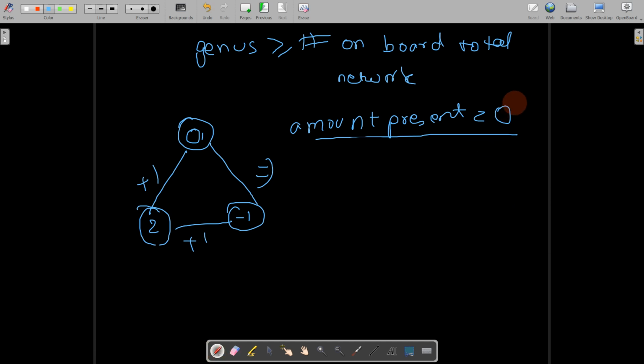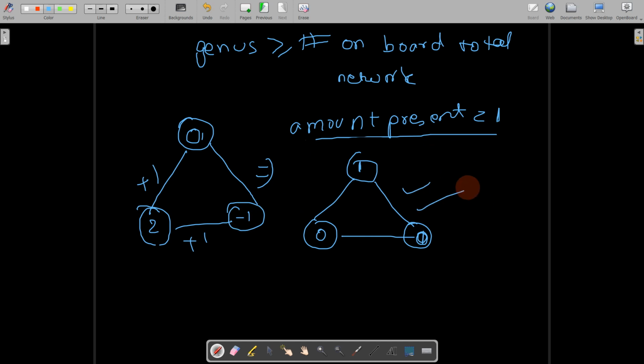From the node with 2 we give +1 and +1, so this becomes 0, this becomes 0, and this becomes 1. So we won the game.